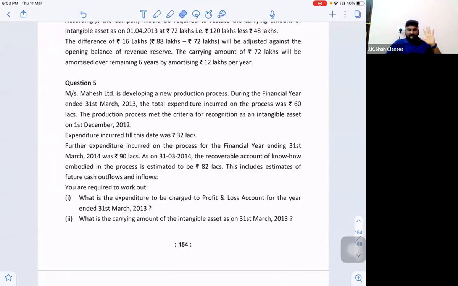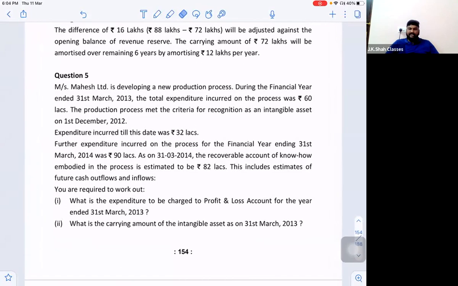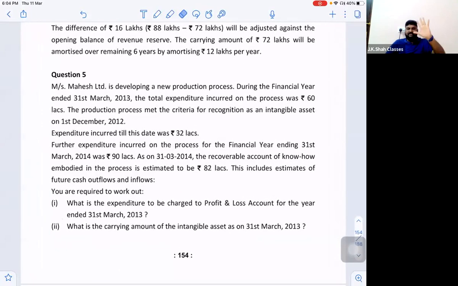So please come to question number 5 on page number 154. Shall we start? Have people reached page number 154, question number 5?